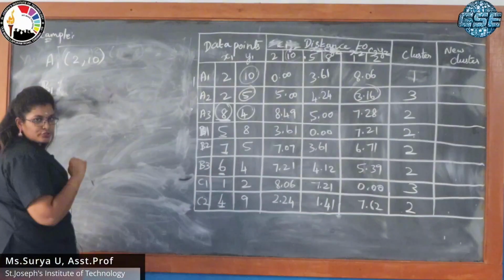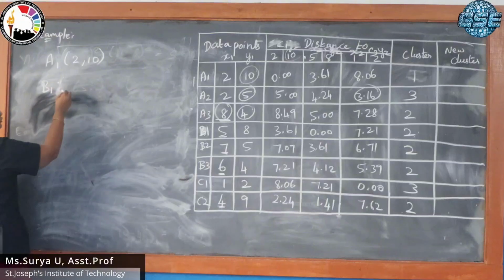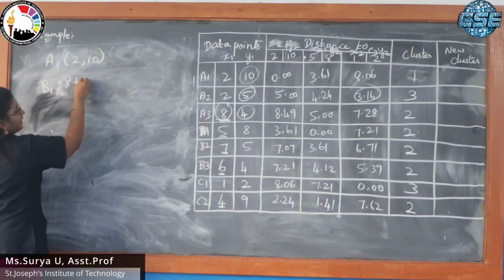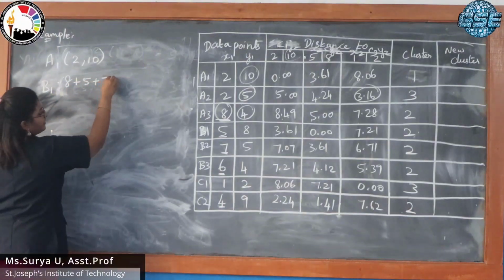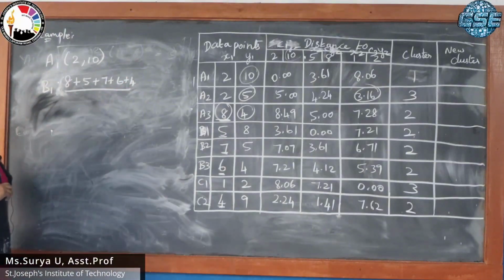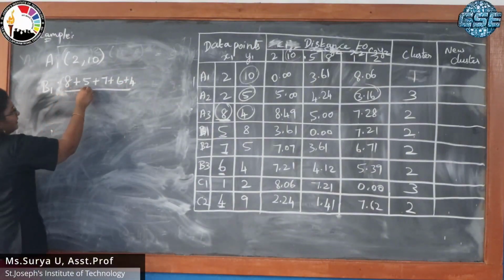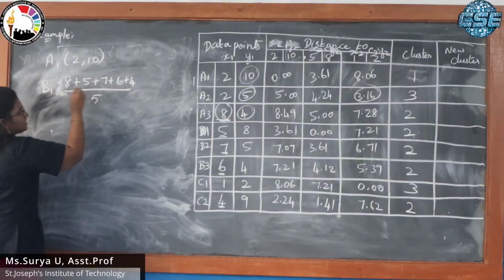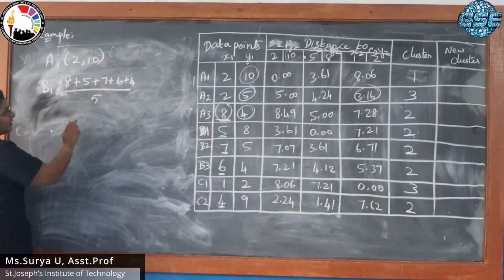These all belong to the second cluster, right? So I add those values, and divide by, what is the meaning of average? If you are adding 5 numbers, then you divide by 5. This is for the x value.